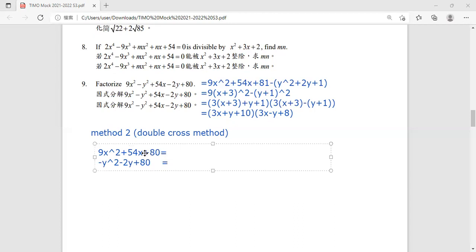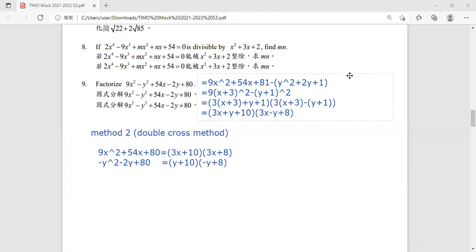How can I do the first one? You can find this one. Now if I use the cross method on the other part, it will be y plus 10 and negative y plus 8. So what next? Now you just squeeze the factors down.